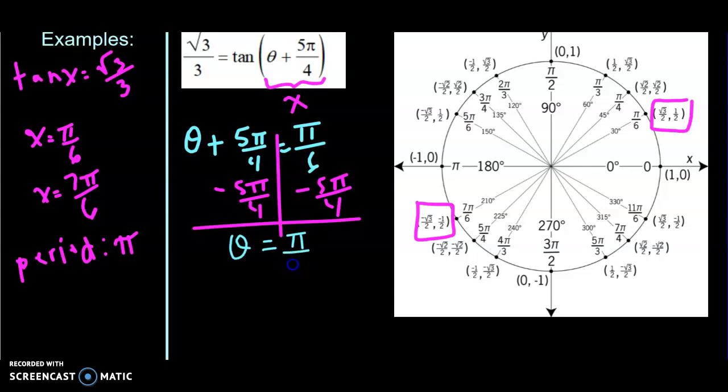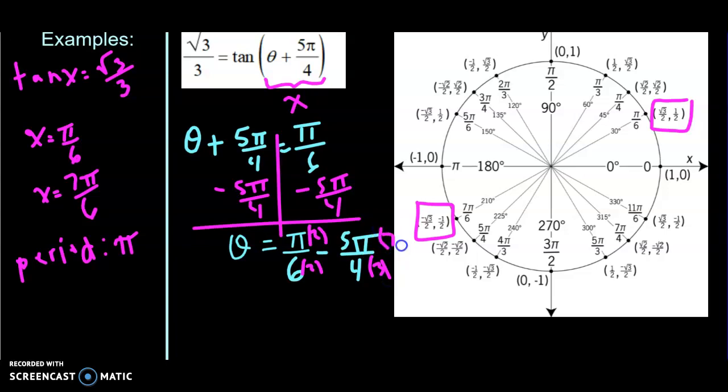I do apologize, my pen is not working really well. And remember, in order for us to subtract this, we need a common denominator, and in this case it's 12. So what do I do with 6? I multiply it by 2, and I multiply 4 by 3.